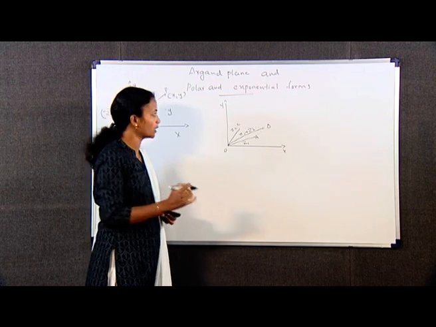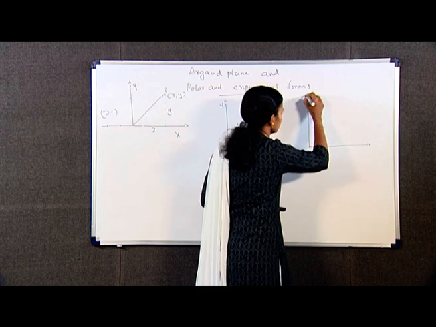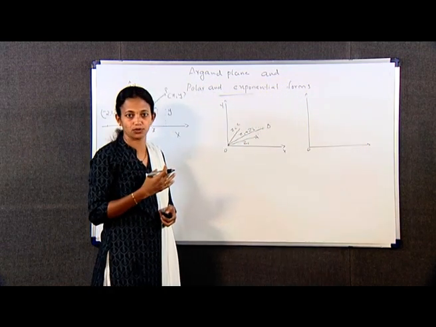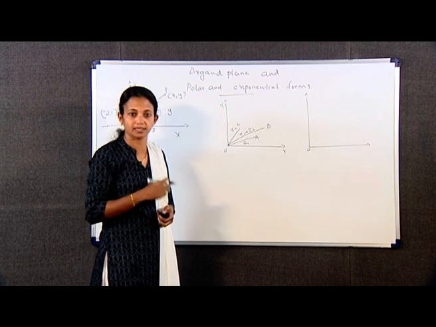The difference z1 minus z2. That is, z1 minus z2 corresponds to the sum of the vectors for z1 and minus z2.